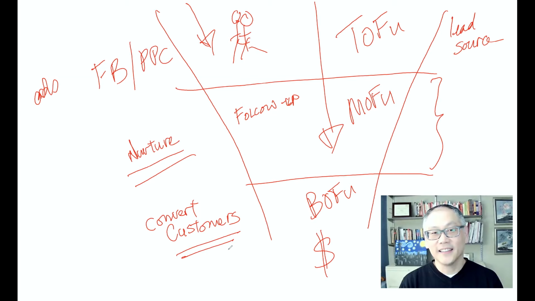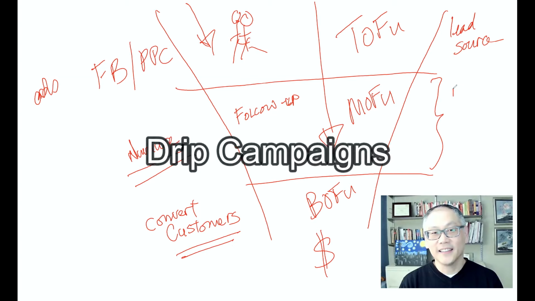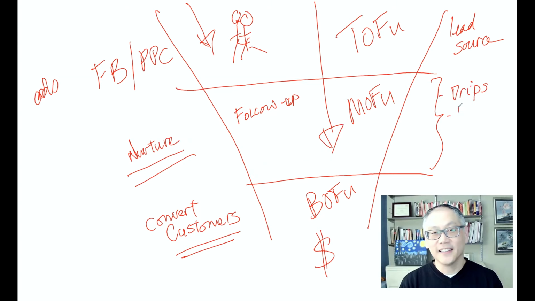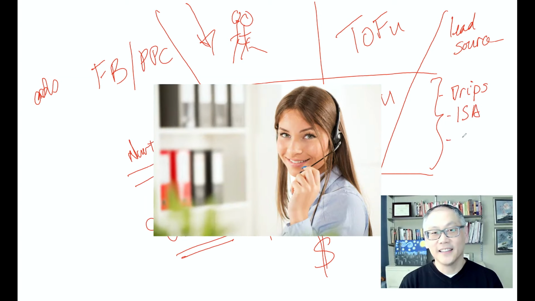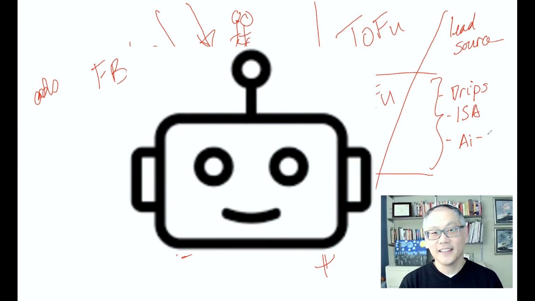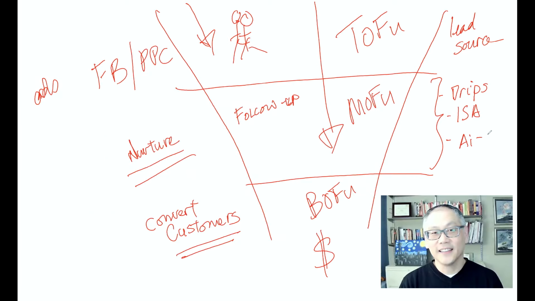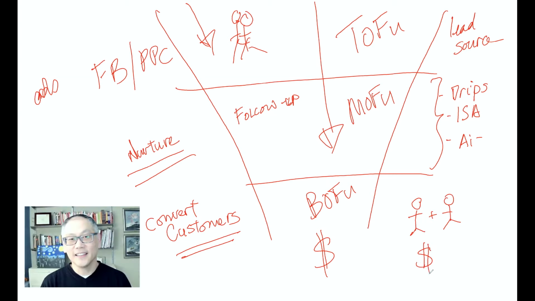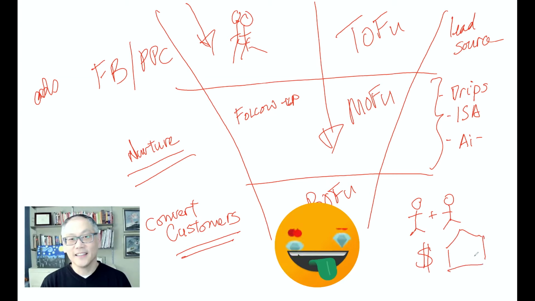This is where you have sources like drip campaigns, or an assistant like an ISA to call them, or in our case, an AI named Annette to help you follow up with those leads. Then once they're ready, that's when you should be the one talking to them and working together with the lead, and that's when you get the closing of the house and make the money.